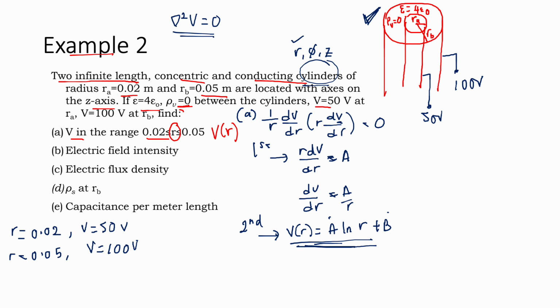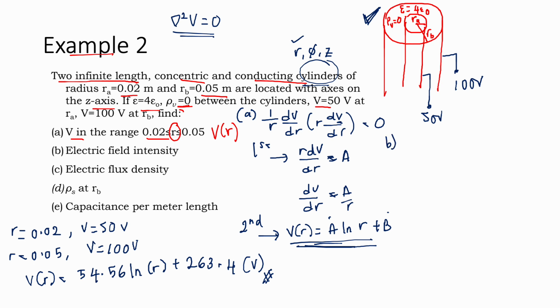If you substitute inside this general equation, you are supposed to get the equation V(R) = 54.56 ln R + 263.4 volts. Okay, right? So for B, same as previously.